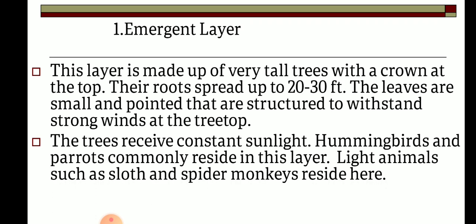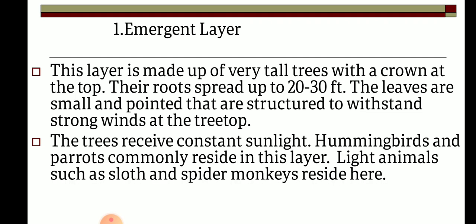Dear children, the first layer of the forest is emergent layer. This emergent layer is made up of very tall trees with a crown at the top. Their roots spread up to 20 to 30 feet.